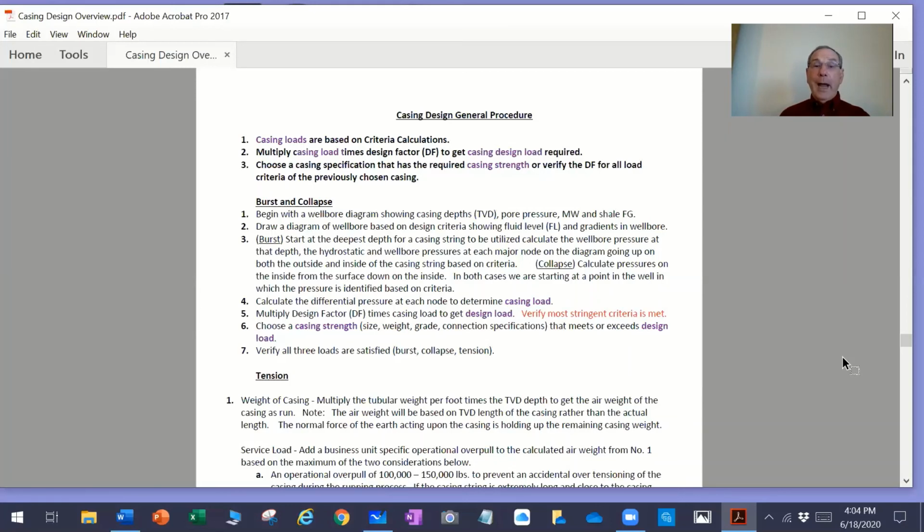Then number 5, you multiply the design factor. So if it was burst, you would multiply the one I just illustrated, at 4,000 pound casing load, times 1.1 to give you a design load of 4,400 pounds.